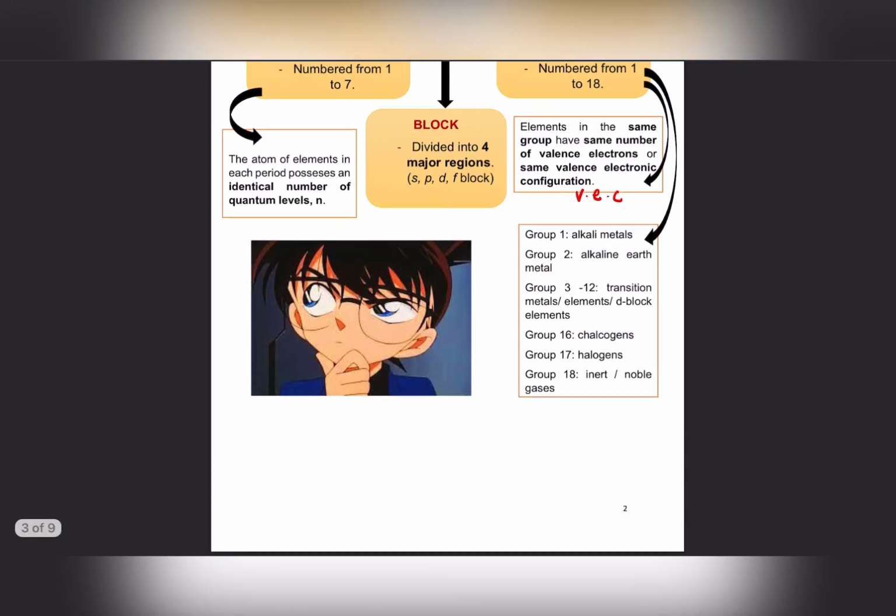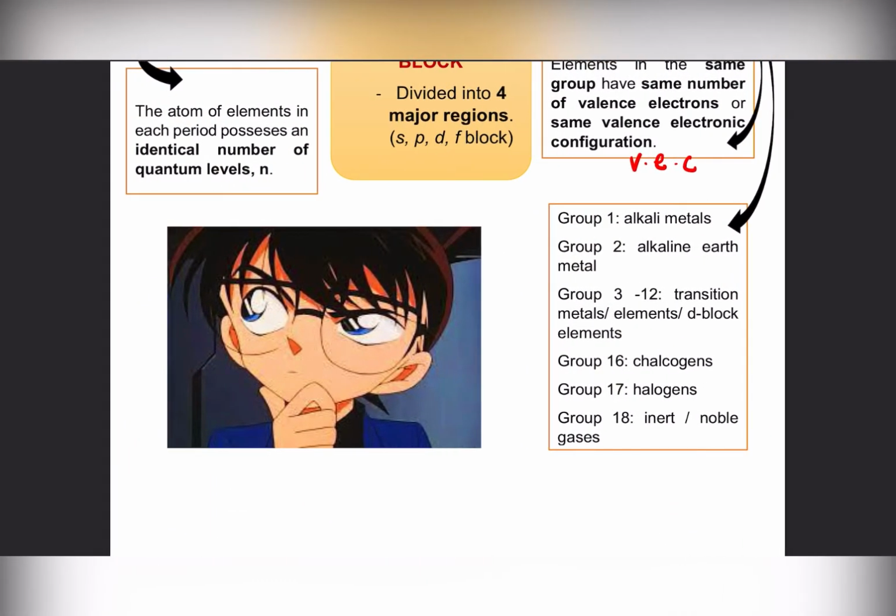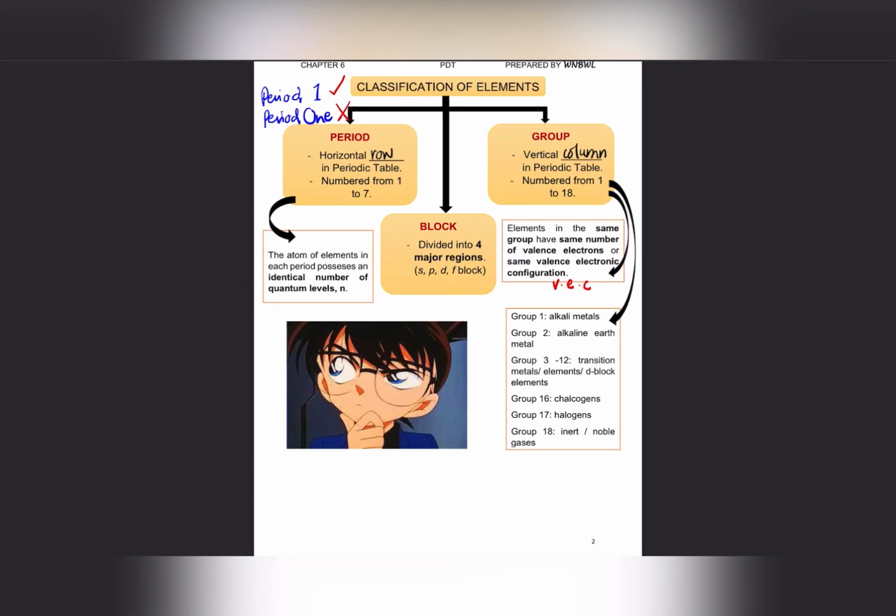And a bit more information, ini adalah extra, di mana untuk group 1 until group 18, kita ada nama-nama yang lain untuk dia punya elemen, dan you have to know about this another name lah. So itu sahaja untuk pengenalan tentang classification of elements.